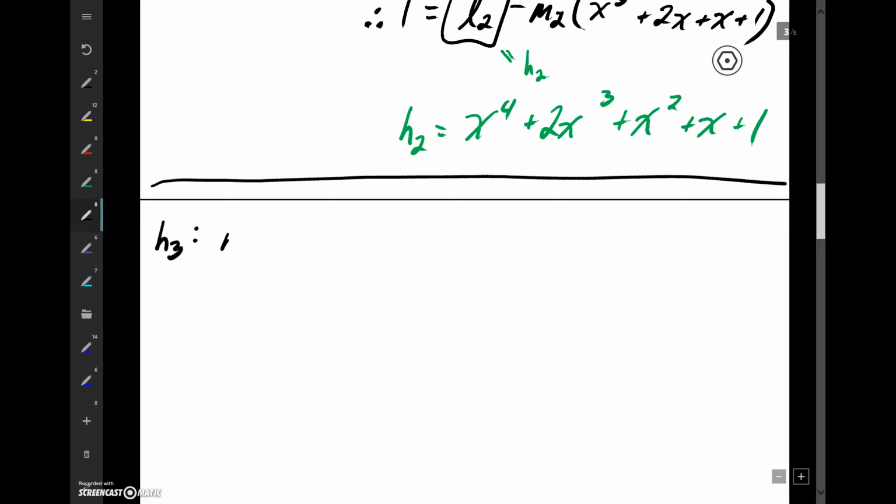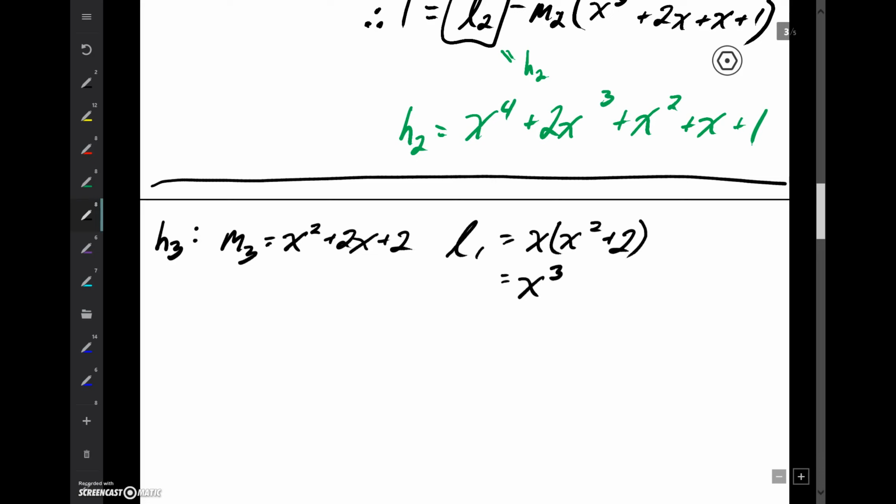M3 is the mod, so it's the quadratic mod, x squared plus 2x plus 2. And then L3 is the other mods multiplied together, which is x times x squared plus 2. Multiply that out, and you get x cubed plus 2x.